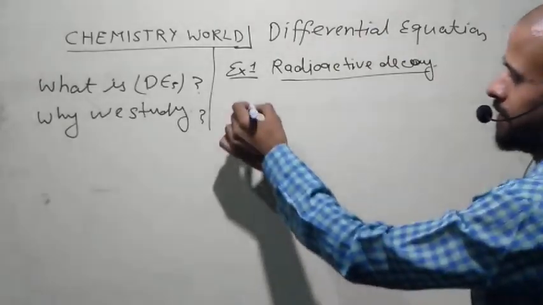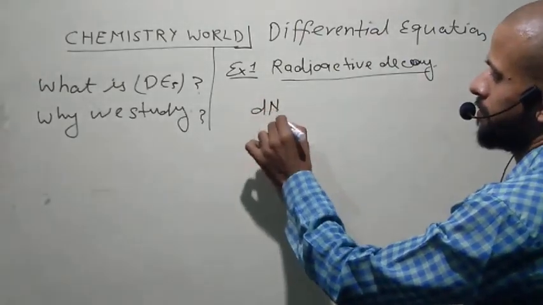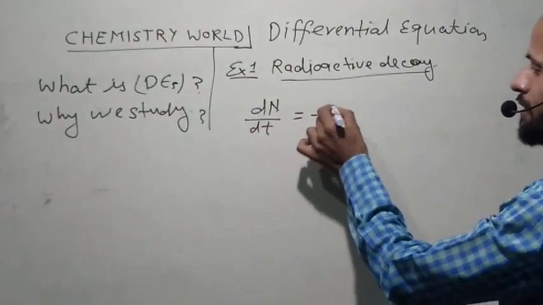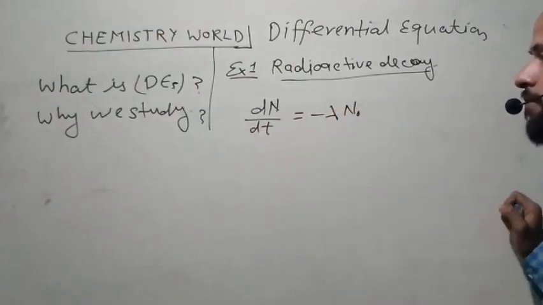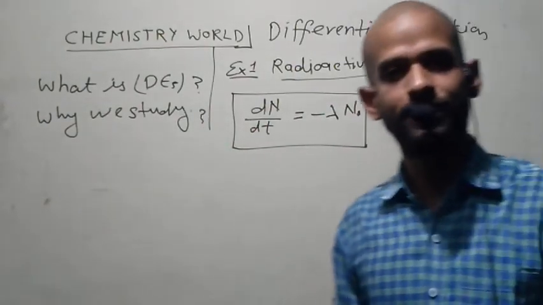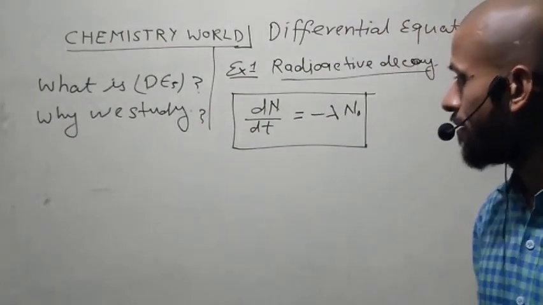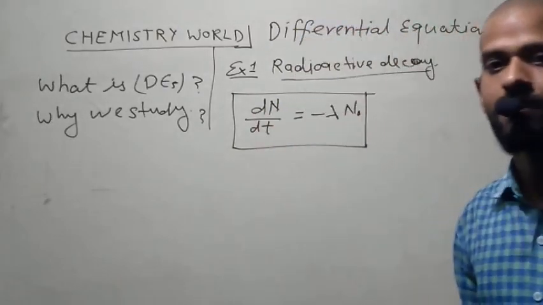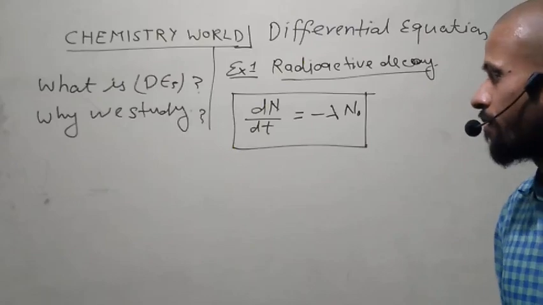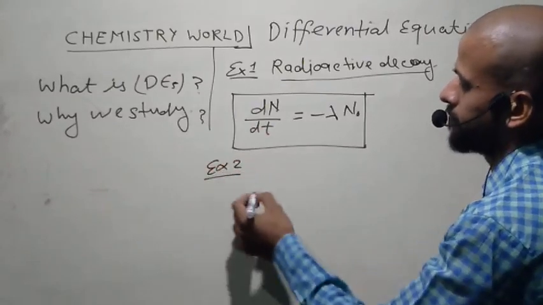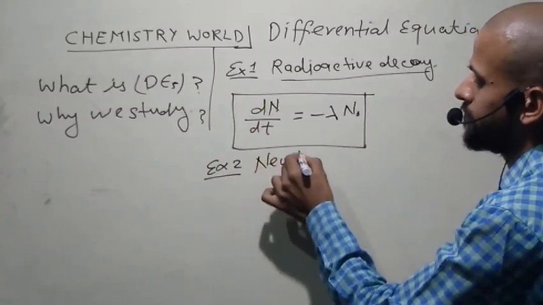This is given by dN/dt, the rate of decay of an atom, equal to minus lambda N0. This is the law of radioactivity, in which dN/dt means the rate of decay of a substance. Another example is Newton's law of cooling.